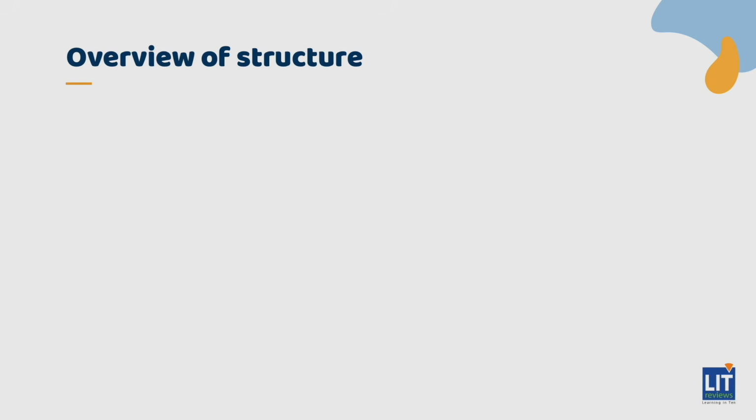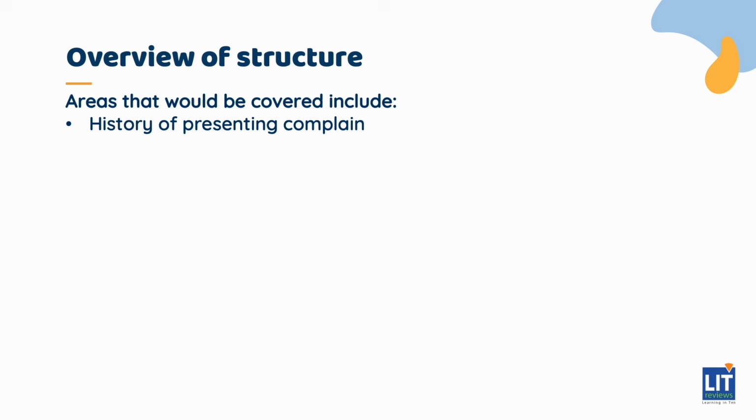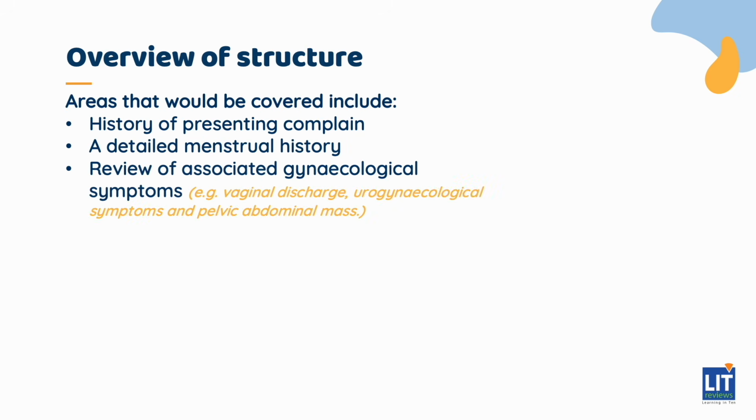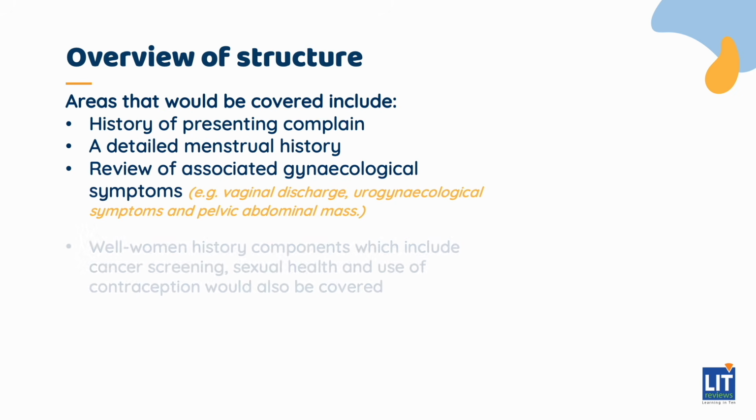The history-taking sequence is similar to the structure of a medical history-taking. Areas that would be covered include history of presenting complaint, a detailed menstrual history, review of associated gynecological symptoms such as vaginal discharge, urogynecological symptoms, and pelvic abdominal mass.